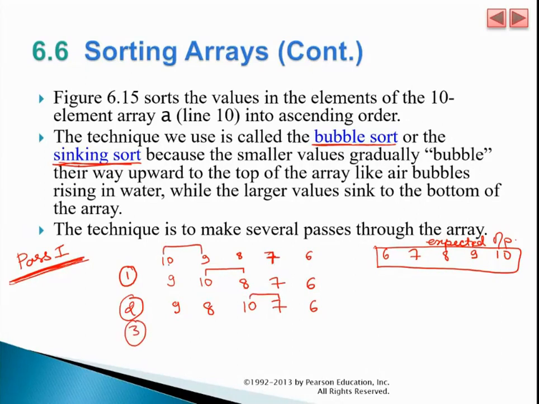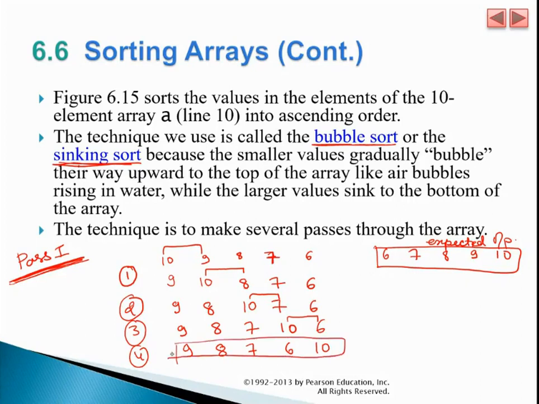In the first round we saw 10 and 9, in the second round 10 and 8, and in the third round this and this. Again we have to swap. Then in the fourth round we swap 6 and 10. After pass 1, this is the scenario.